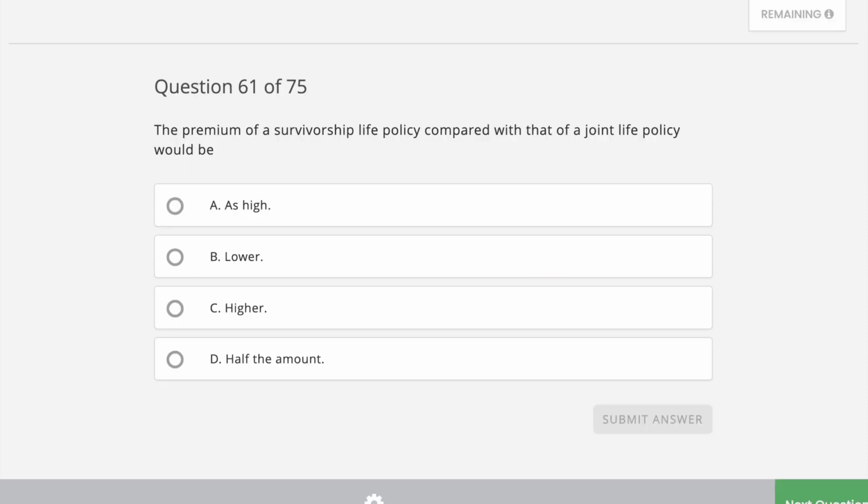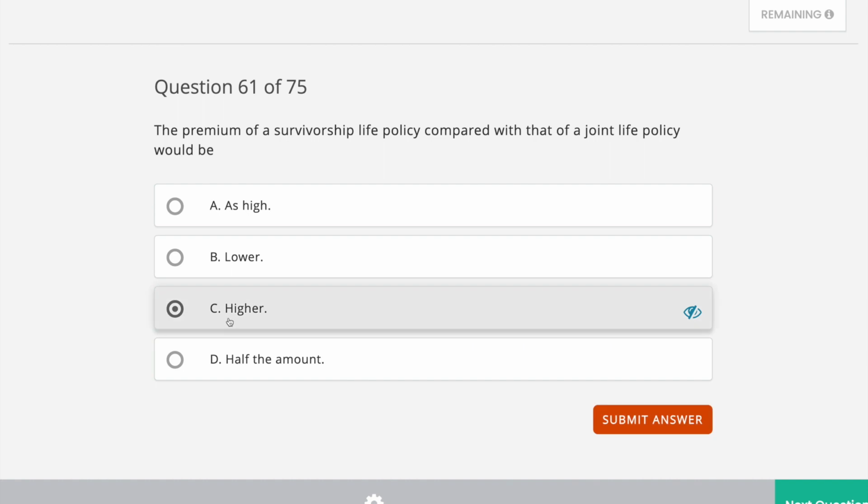It always gets me. The premium of a survivorship life insurance policy compared to a joint life policy would be? Survivorship, it's longer for two, doesn't pay until the last one dies. So premiums for joint life are going to be, what's the common sense here?